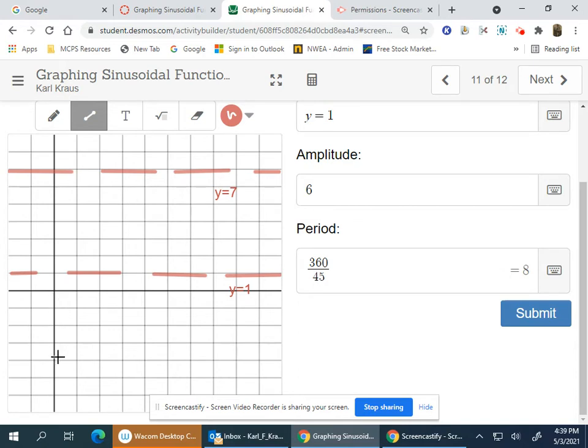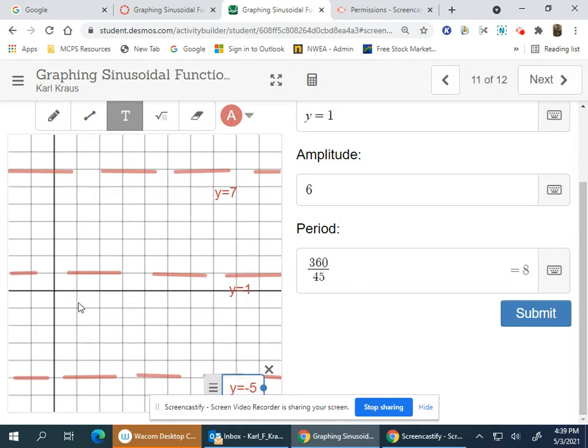1, 2, 3, 4, 5. And my period is 8. So I'm going to go by 1, 1, 2, 3, 4, 5, 6, 7, 8.